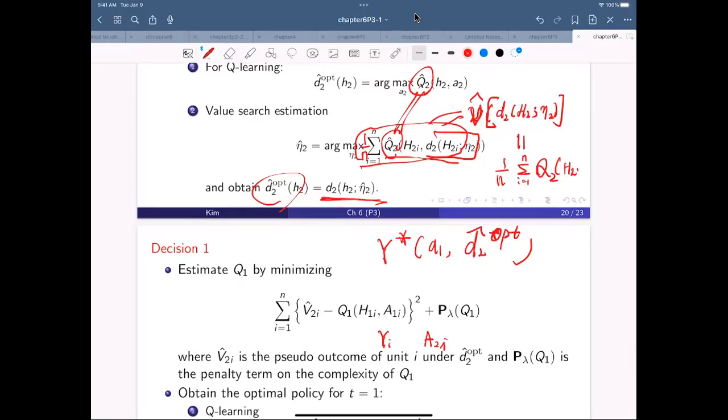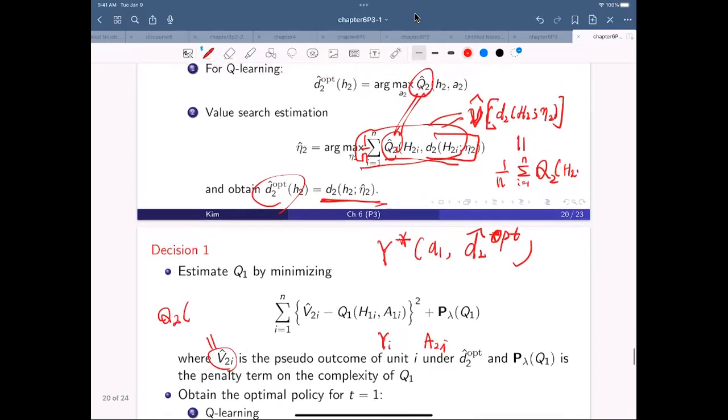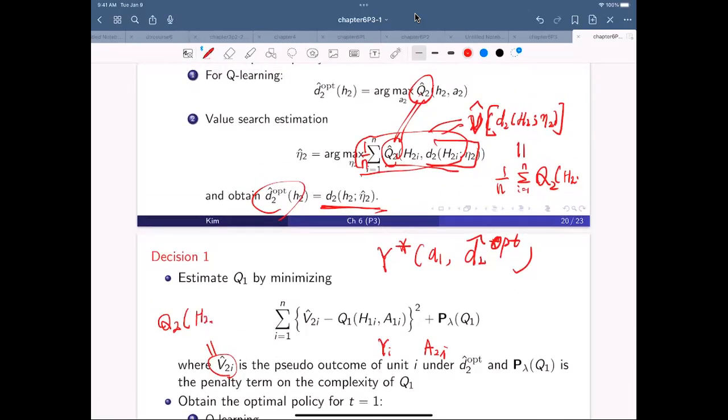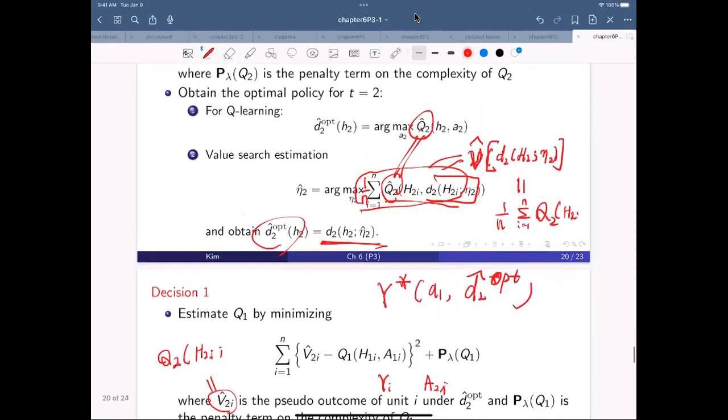Well, the pseudo outcome could be two things. One way is to do prediction: Q2, H2i, and then, not eta hat, sorry, D2 opt.